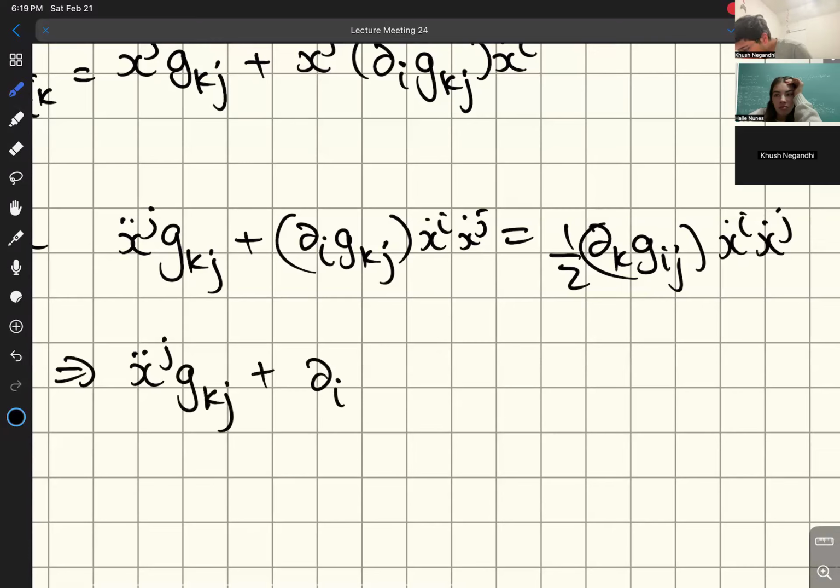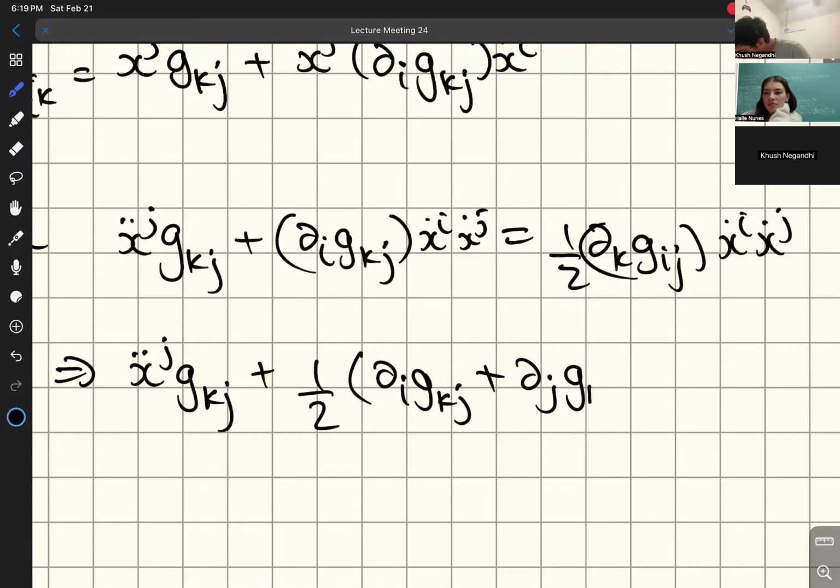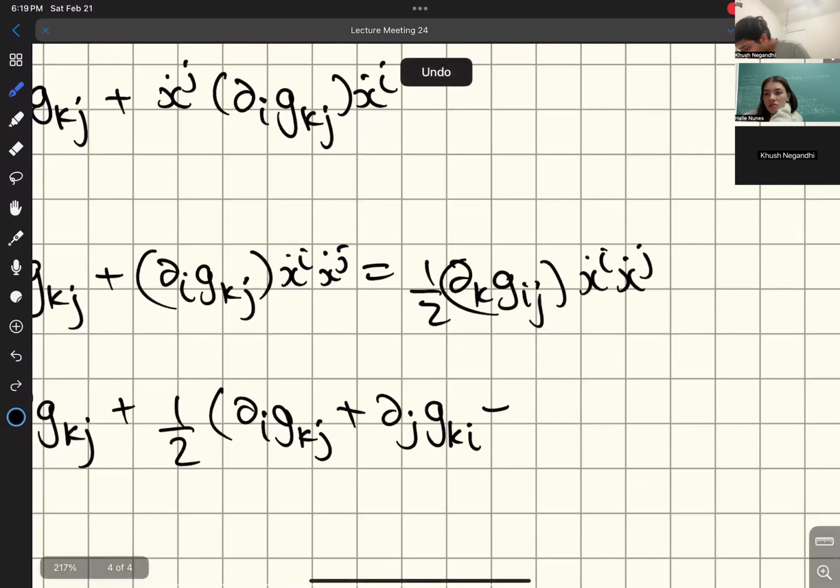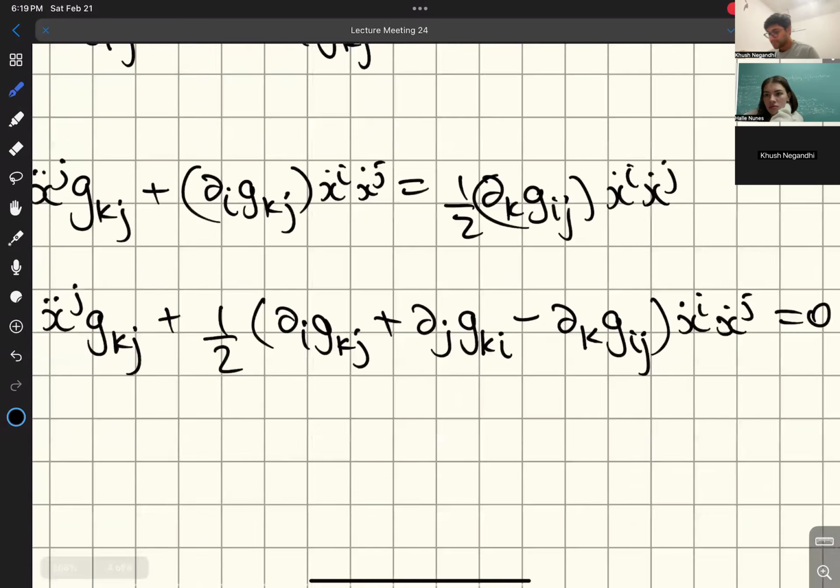So this leads me to the following. Let me write this a little nicer: 1/2 (partial_i g_kj plus partial_j g_ki minus partial_k g_ij) x dot i x dot j equals 0.